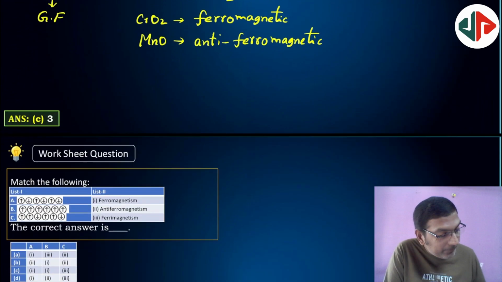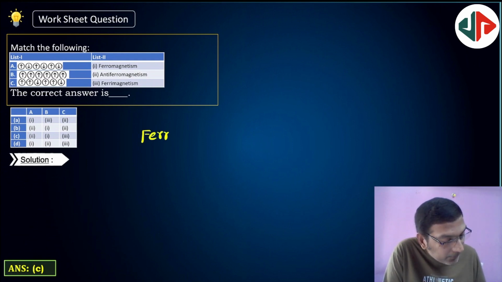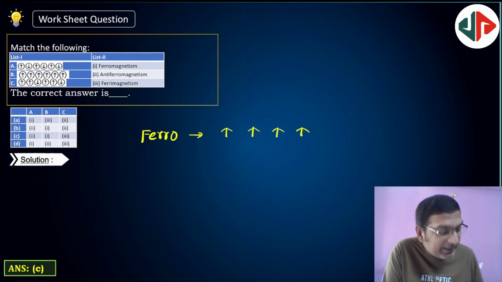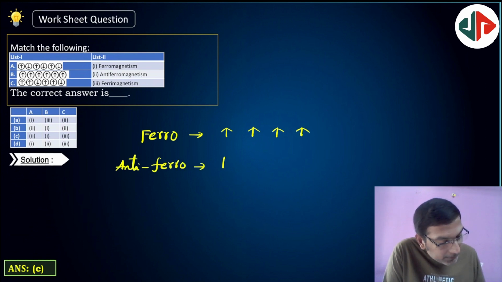Next, a simple question. Ferromagnetism: alignment of electrons only in one direction. Antiferromagnetism: equal number of upward and downward.